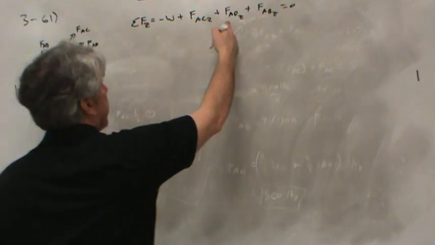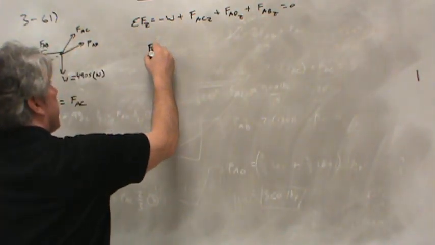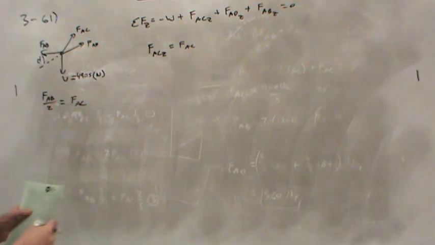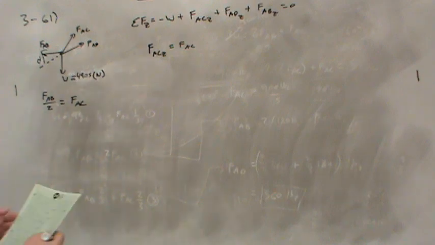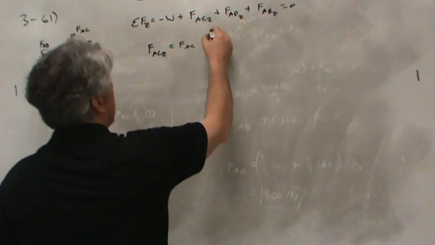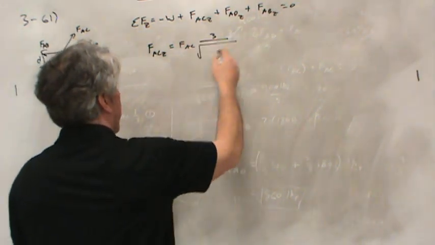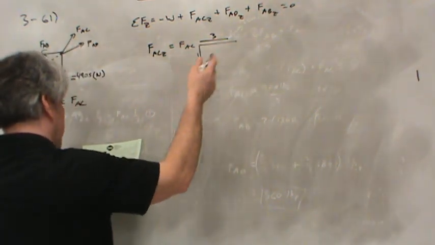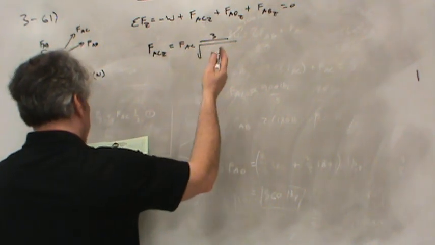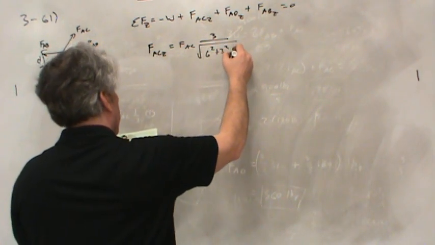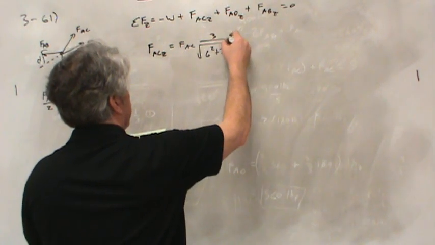Now, looking at each one of these components, FAC in the z direction would be FAC times what? What geometry would give me just the vertical component of FAC? Well, the direction is 3 up on the z-axis, and the length of the geometry representing the direction of FAC would be the square root of 6 squared plus 3 squared plus 2 squared.